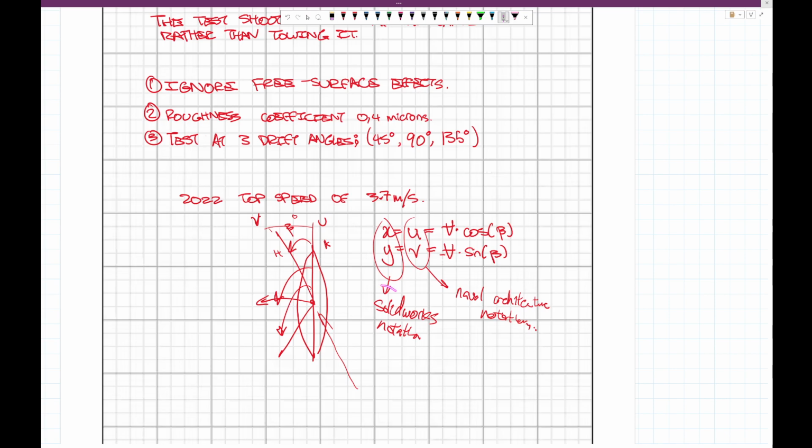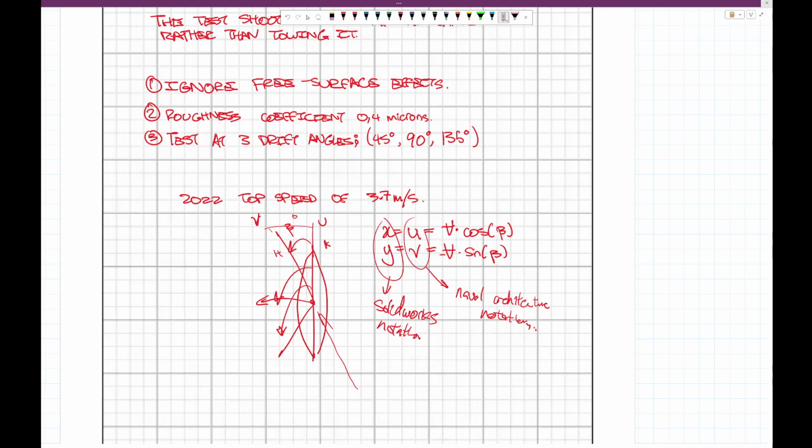When we plug into SolidWorks, it will ask for the speed of the water in x, y and z. In naval architecture notation, that is our u and our v, and this would simply be the speed, which I denoted as capital V, times the cos of beta, which is our drift angle, so your 45, 90, or 135.